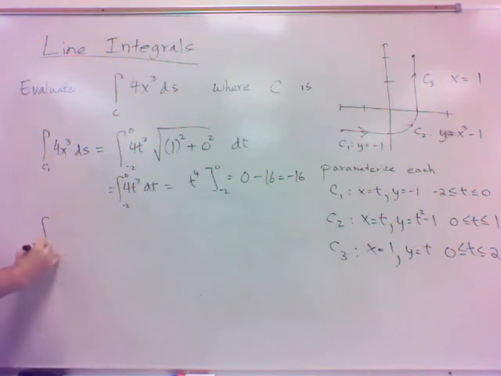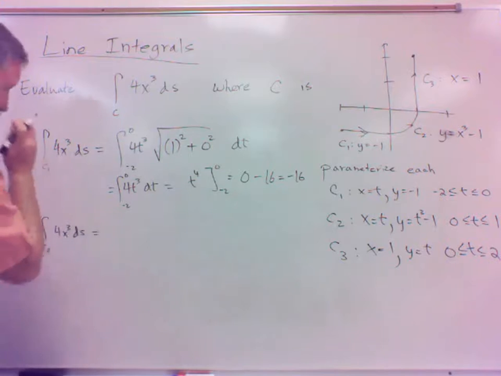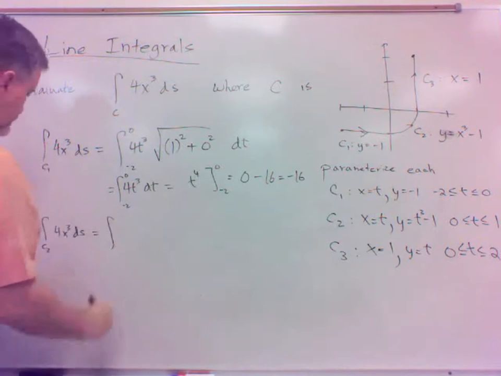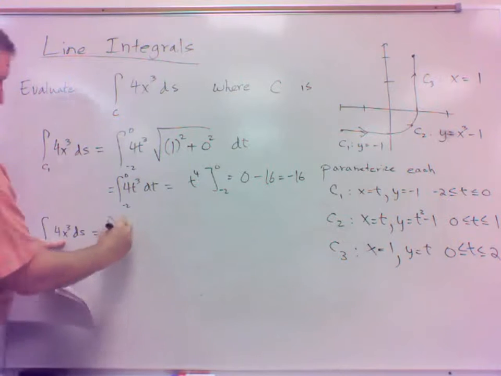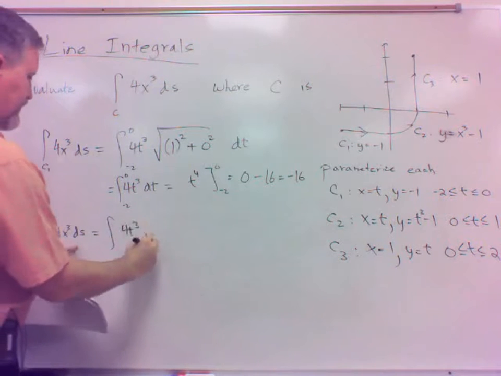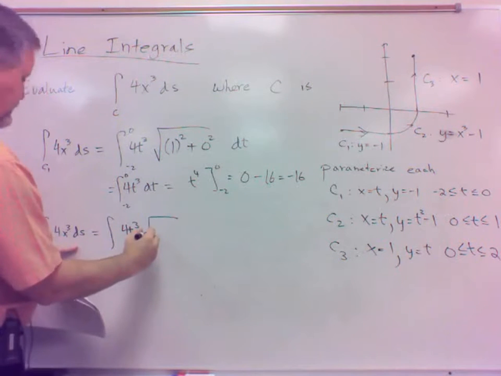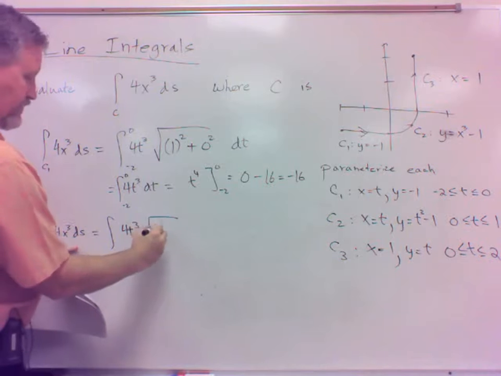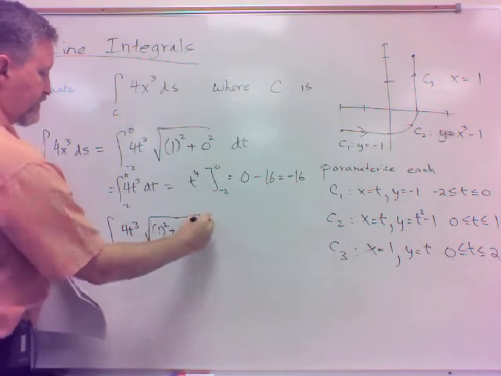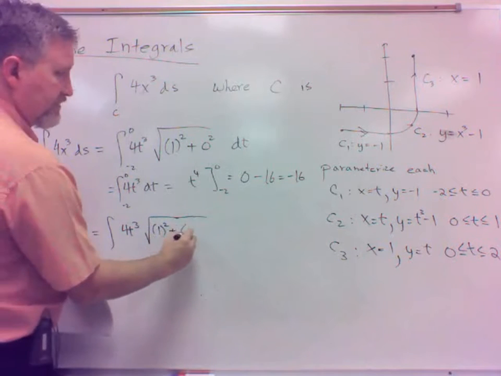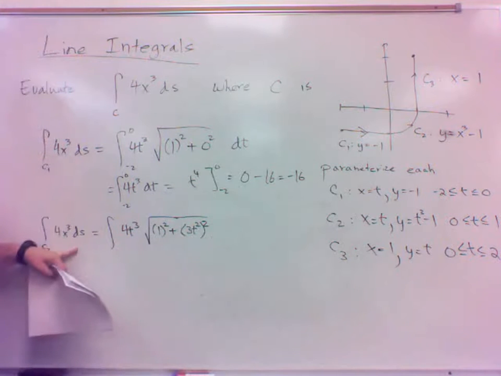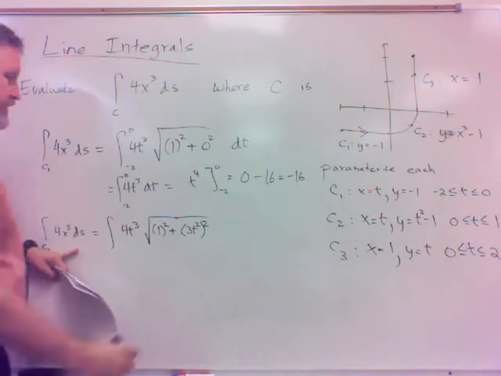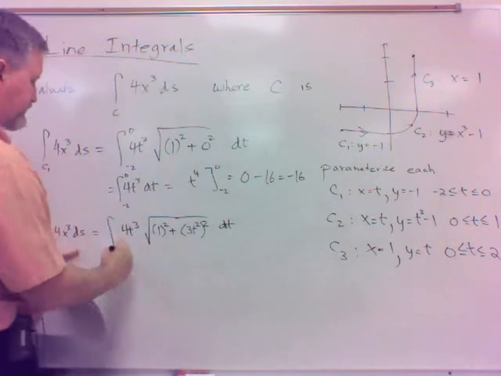Then over C2, the integral of 4x cubed ds would be, again, x is t, so it would be 4t cubed, times the square root of dx/dt, which is 1 again, squared, plus dy/dt, which is 3t squared, squared, dt, and in this case t is ranging from 0 to 1.